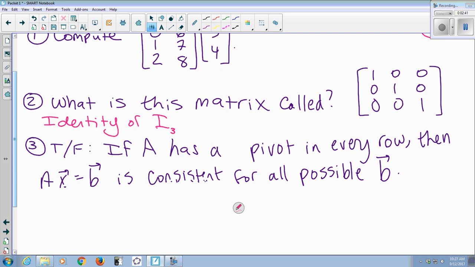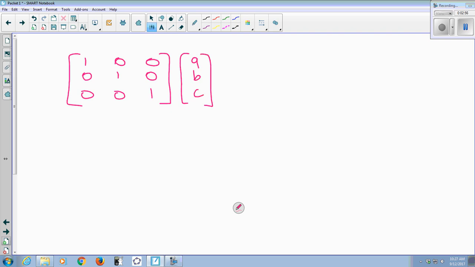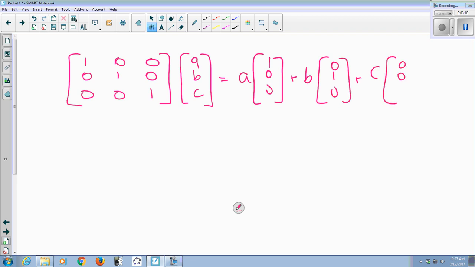Because when you multiply the identity matrix by a vector, let's just do a 3 by 3, you're going to get the vector. If I multiply this by any vector A, B, C, remember the rule we just learned, you take each column, use the entry of the vector as a weight. So this is A times 1, 0, 0, plus B times 0, 1, 0, plus C times 0, 0, 1.